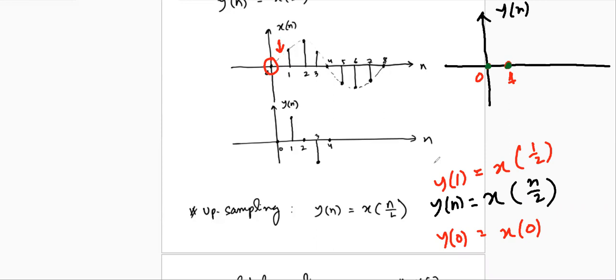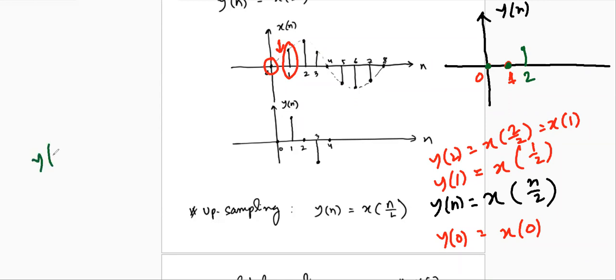What about the second one? y[2] equals x[2/2], that is x[1]. So we can replace it with the value of x[1] at the location of 2.